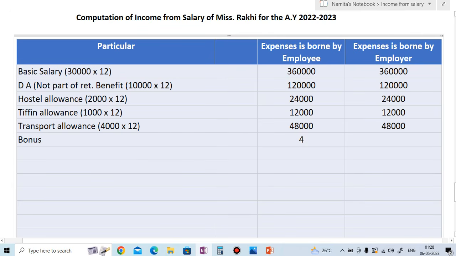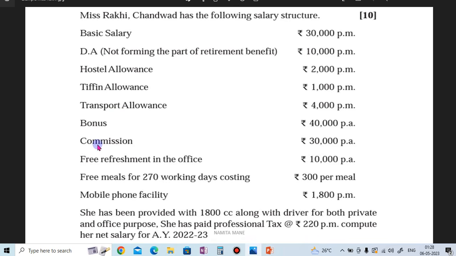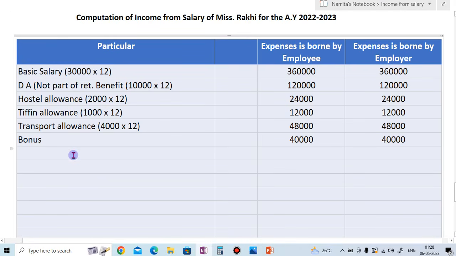Write the value as it is in the column of employee as well as in the column of employer if the expenses are borne by the employer. After bonus, next is commission. Commission is rupees 30,000, also per annum. So write it as it is, commission 30,000.